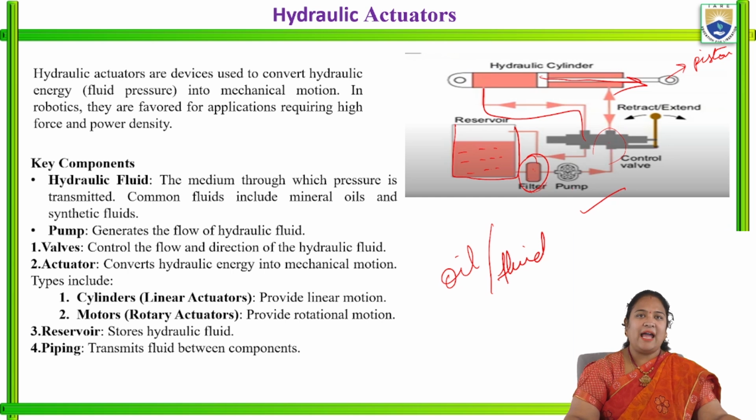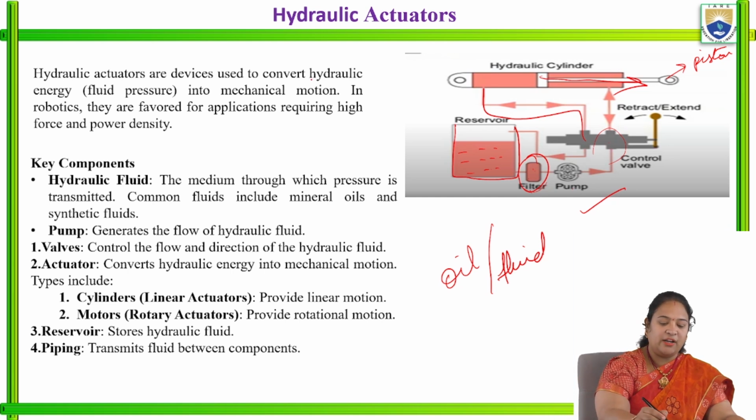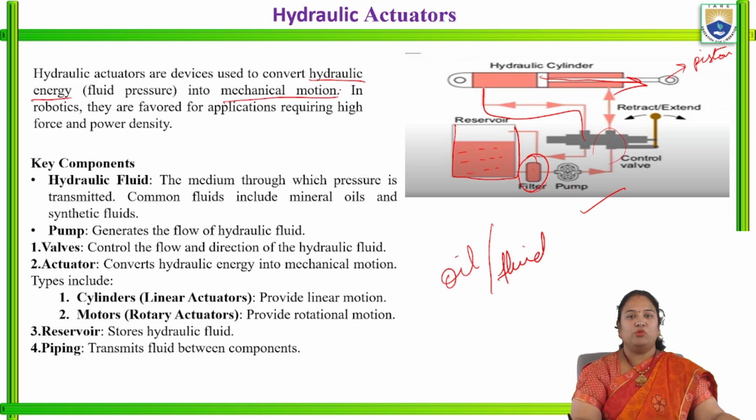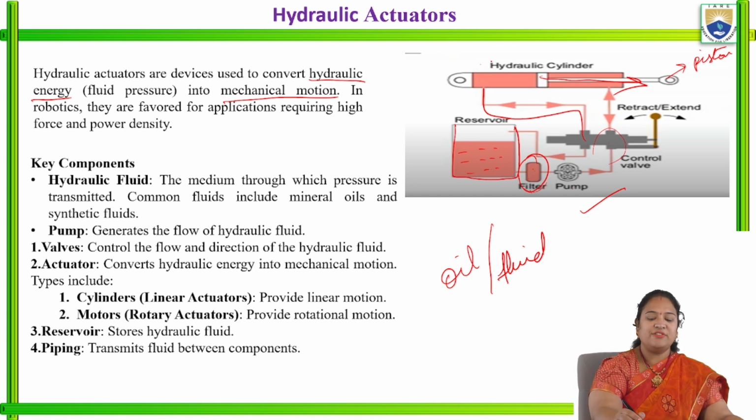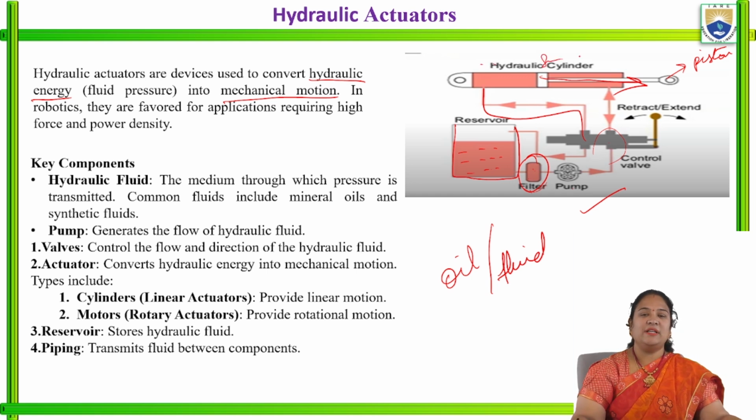That is, the hydraulic actuator is a device used to convert hydraulic energy into mechanical motion. Clear? The fluid pressure that is increased is converted into mechanical motion, that is, the motion or movement of the robot manipulator.